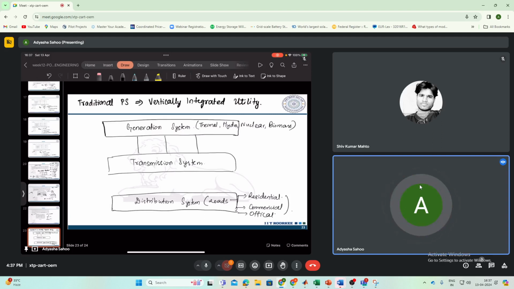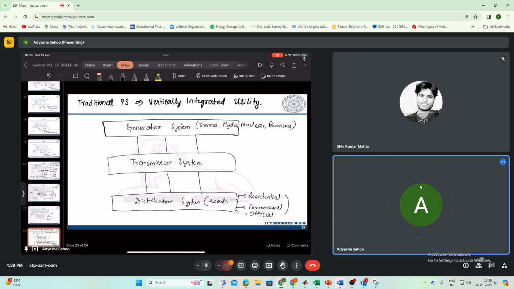In a vertically integrated utility, the three systems, generation, transmission, and distribution, were owned by one single entity, which was generally the government. Why was it so? If you think about 50, 60 years back, at that time there were not many generators in our system. Mostly it was government owned thermal power plants.